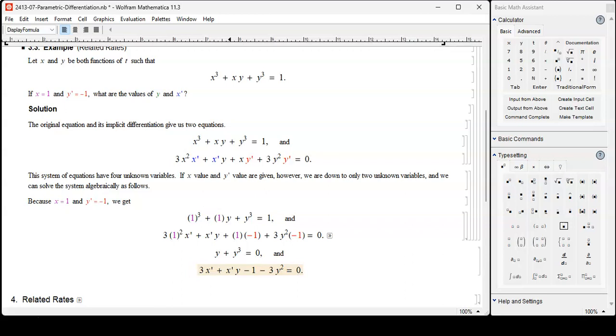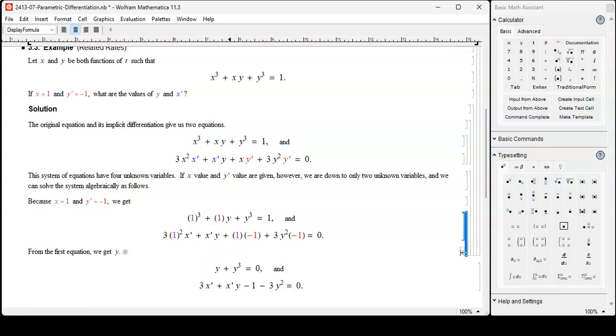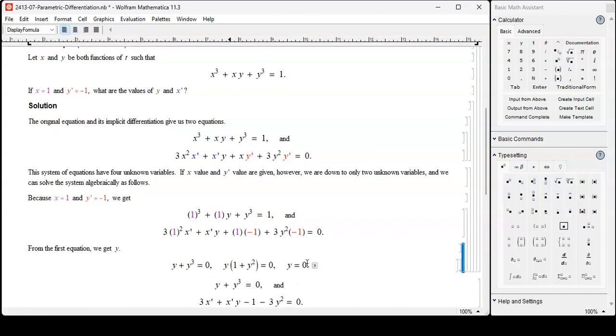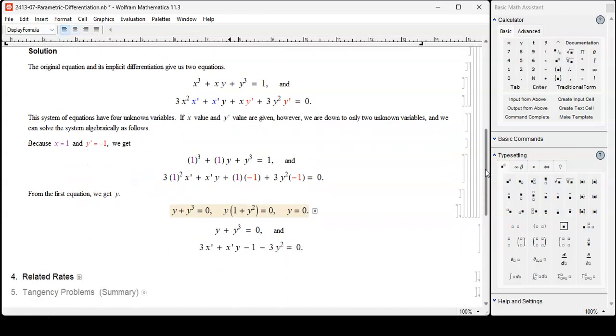Okay, looks like we have these 2 equations. Can you solve them? I can solve the first equation because I can factor it and the right hand side is 0. You're going to get this. Make sense? y times (1 plus y squared) is equal to 0, and consequently y is equal to 0.